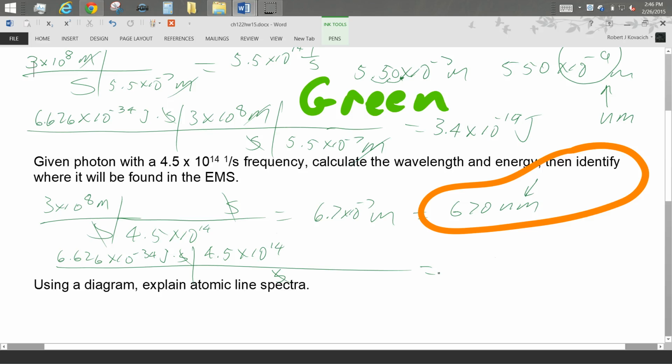And so 6.626 e negative 34 times 4.5 e 14. So I get 2 point, looks like 3, joules.